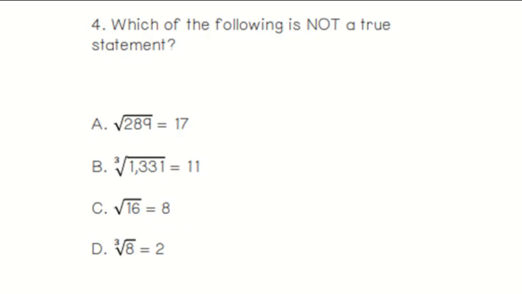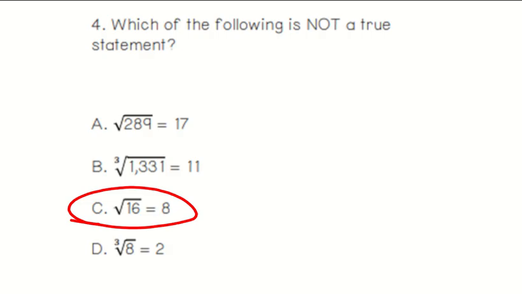Or D, the cube root of 8 equals 2. Taquan? C is the one that is not true. What's the square root of 16? 4. Yeah, 4 times 4 is 16. That one's not true. What's 8 squared? What's 8 times 8? 64.